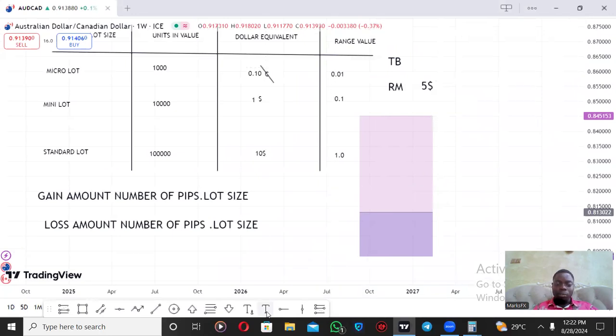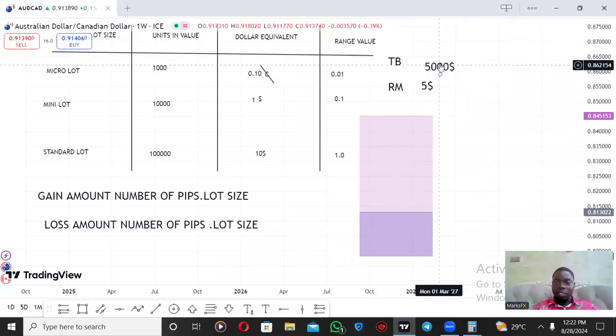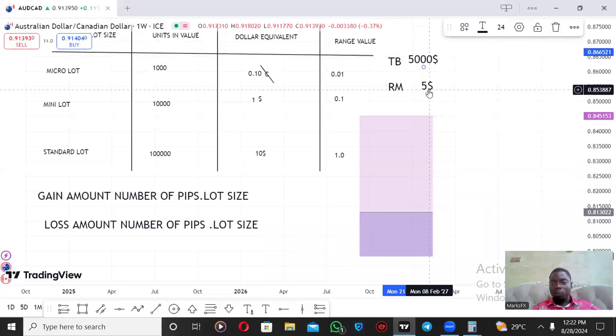Now let's assume that your total balance is $5,000. You bought a prop firm account, $5,000. Of course, you cannot be risking $5.